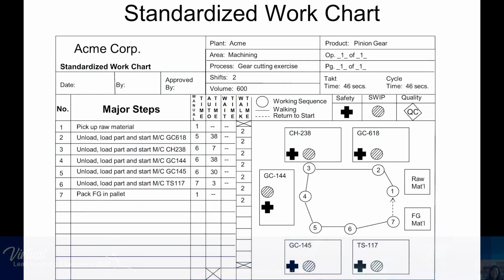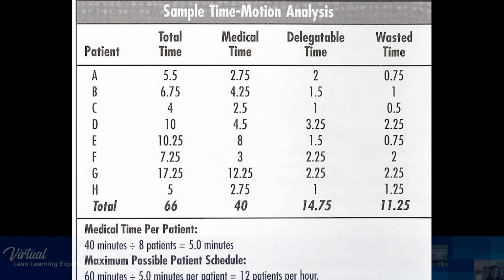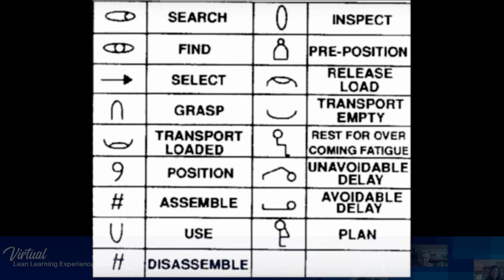Another example of rearrangement: you can think of micro and macro levels for this aspect, in all seriousness. Standardized work, time and motion studies, motion analysis, the third leg symbols, things like that. They are looking at motion on a micro level and just asking you to think about any sequence of events and how you can rearrange that so it's more optimal for the series of tasks or work that you're performing.